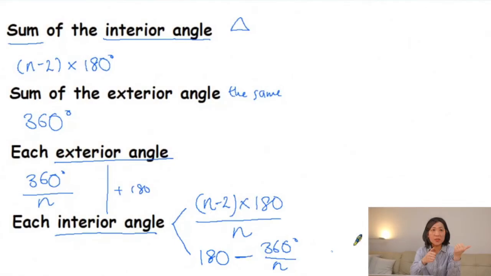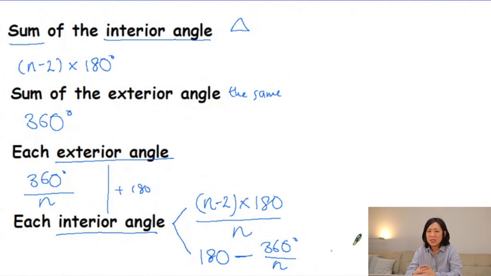Okay, so this is the end of the video, where we've been talking about the 4 important formulas linking to the interior and exterior angles of a polygon, right? The sum of the interior angles: always think about the number of triangles, so n minus 2 times 180.